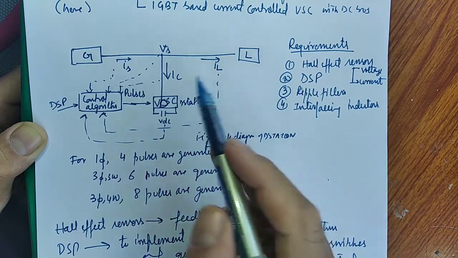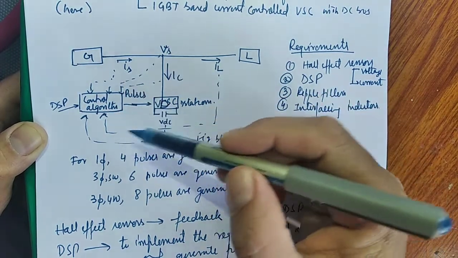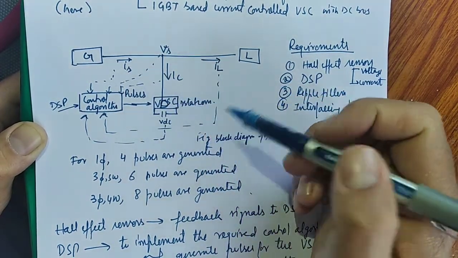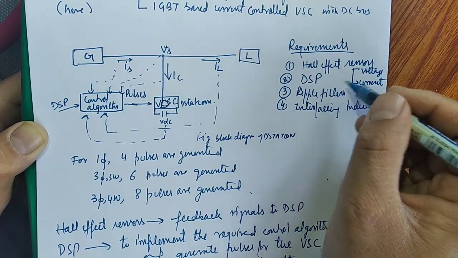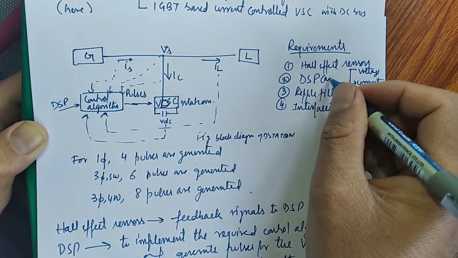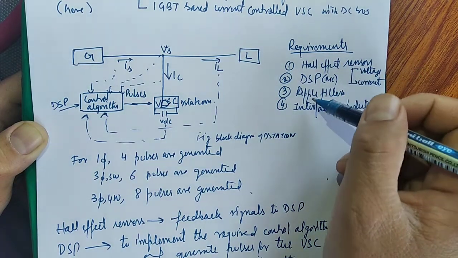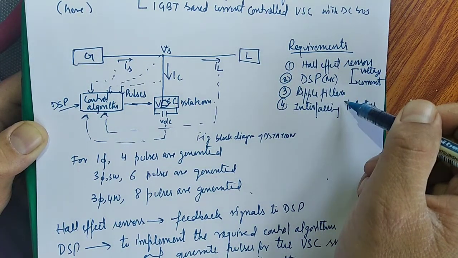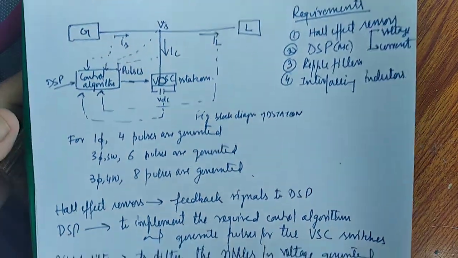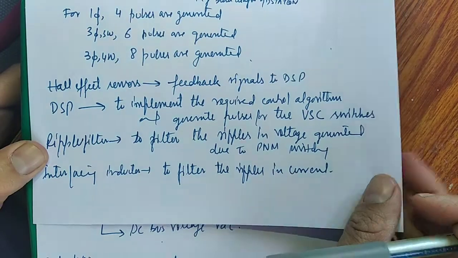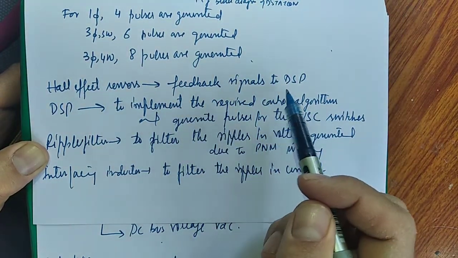Okay, so the requirements are Hall effect sensors, because we have to sense these voltages and currents. We need a DSP, digital signal processor, or we can say a microcontroller. Hall effect sensors can be voltage and current, then a ripple filter and an interfacing inductor. These are some of the basic requirements. Here the Hall effect sensors give feedback signals to the DSP.